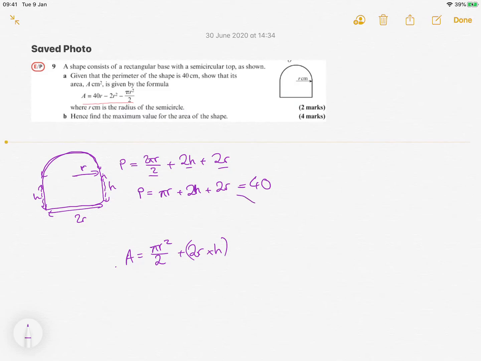I'm going to do that by rearranging this and making h the subject, then going to sub it in. So 2h equals 40 minus pi r minus 2r. Then if I divide by 2, then I've got h equals 20 minus pi r over 2 minus r.